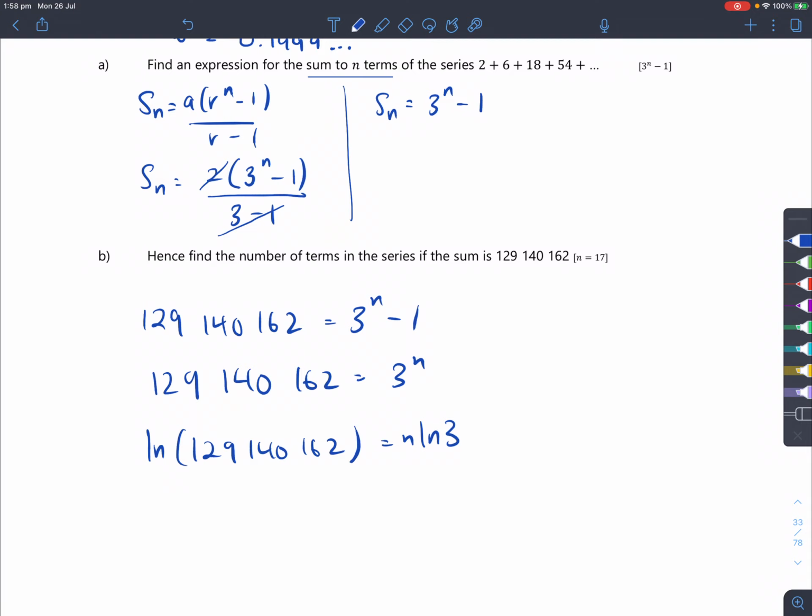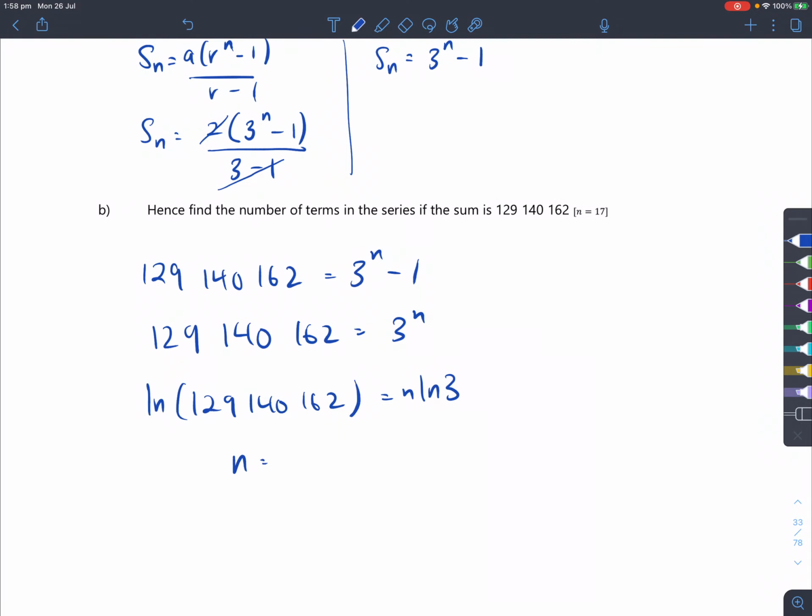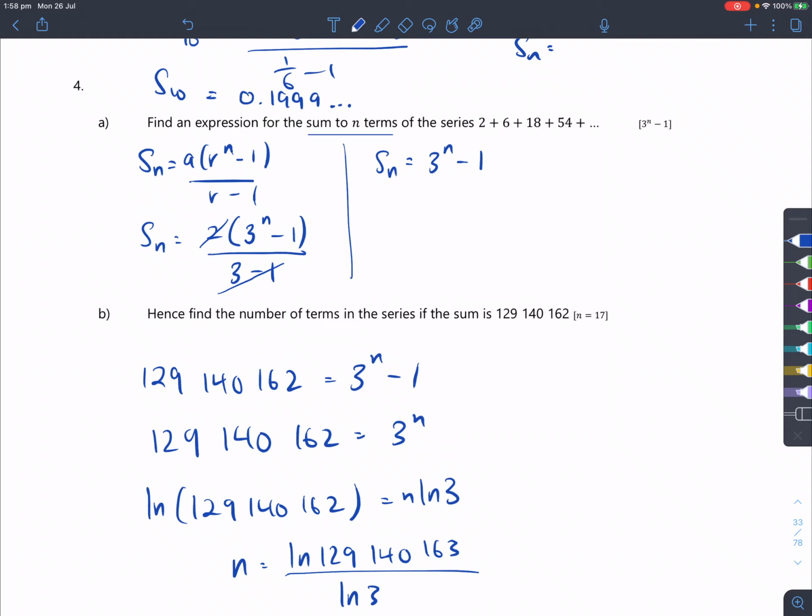So n would equal the log of all that on the left side over log of 3. By doing that on my calculator, I do get exactly 17. So there are 17 terms in this series that add together to give you this number.